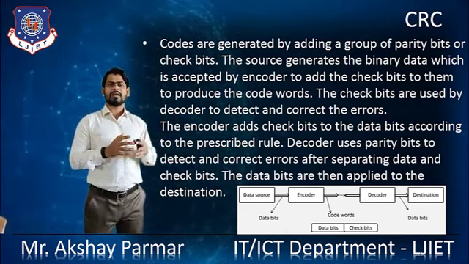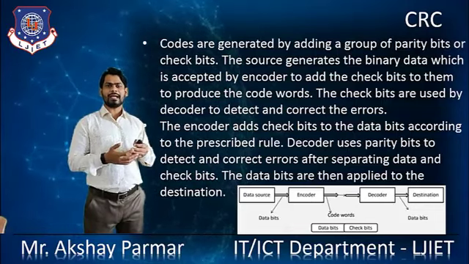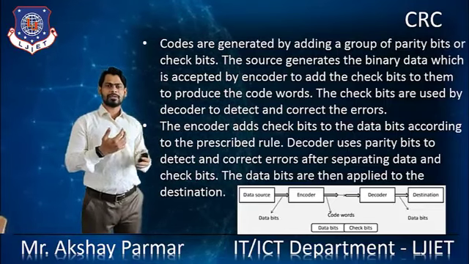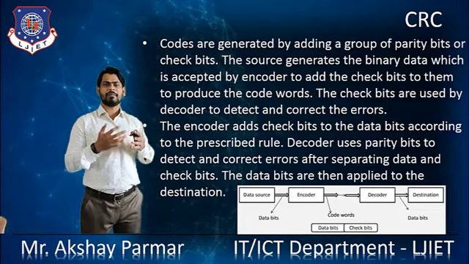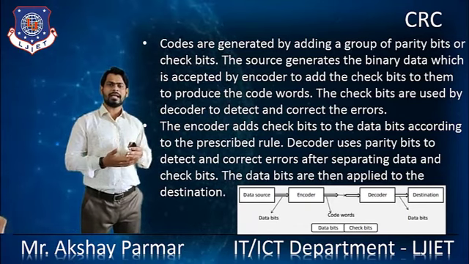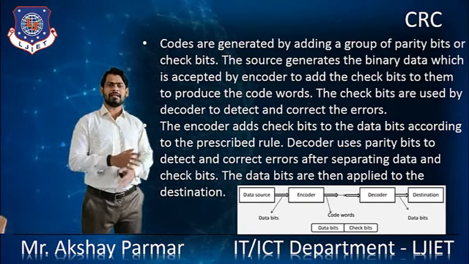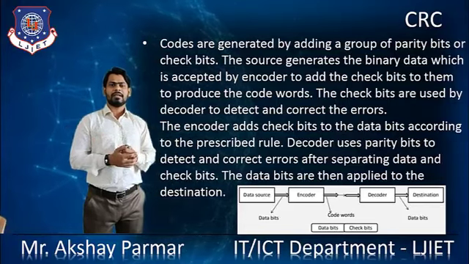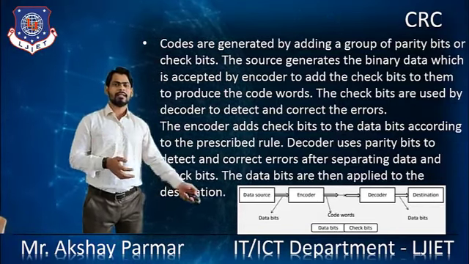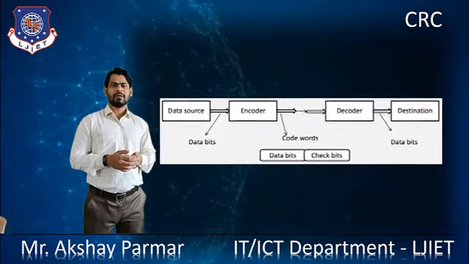The check bits are used by the decoder to detect and correct the error. The encoder adds check bits to the data bits according to the prescribed rule. The decoder uses the parity bits to detect and correct the errors after separating the data and the check bits, right? The data bits are then applied to the destination, right? That's how the CRC is working.